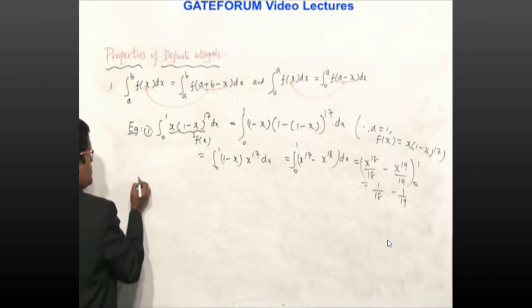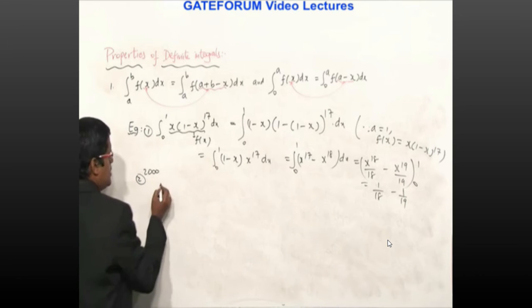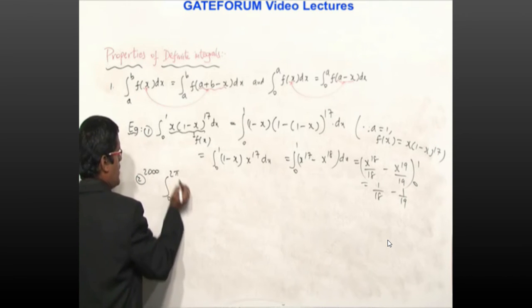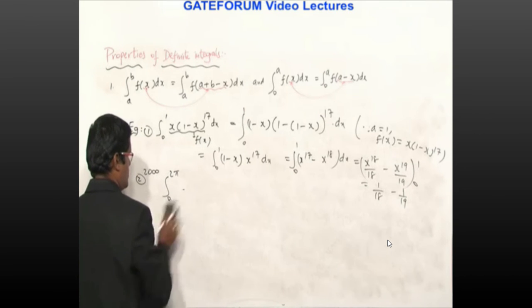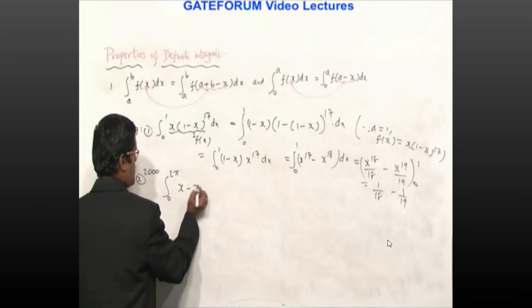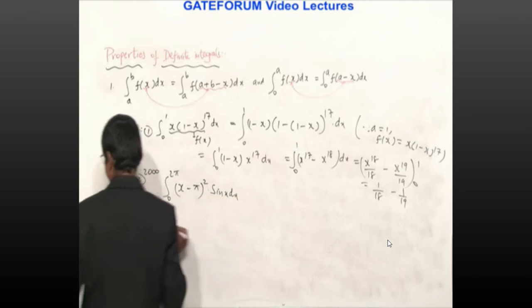This is first. Similarly, this question was asked in 2002 or 2000, long back: integral 0 to 2 pi of (x minus pi) whole square into sin x dx.